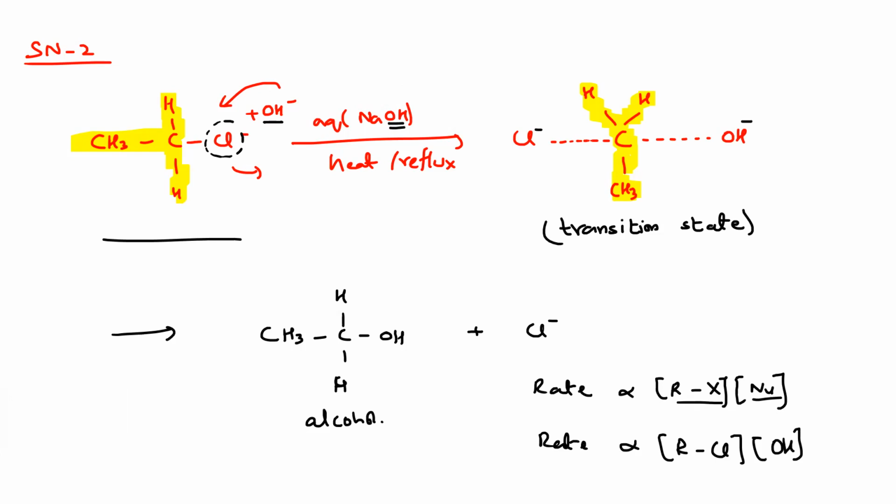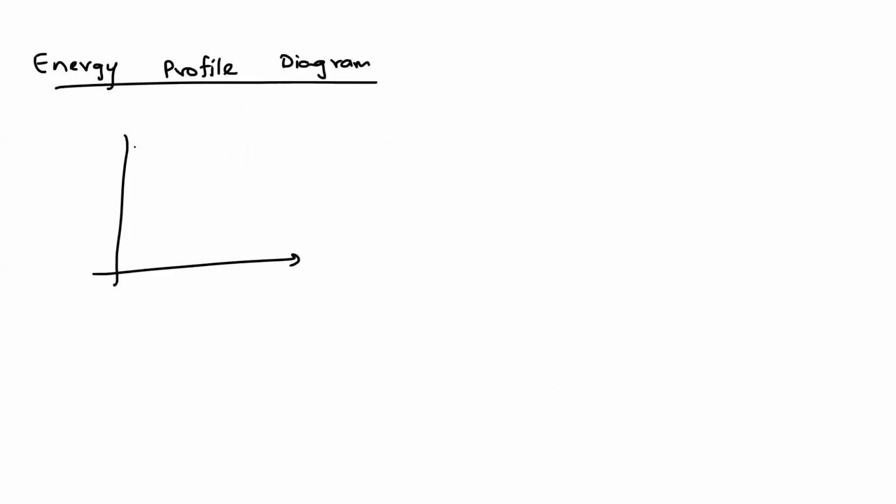Okay. Now, if we talk about the energy profile diagram, that's what we used to draw in O levels. So let's draw it for an SN2 reaction. So that's an alkyl halide, and then it reaches some transition state, and then finally the products.